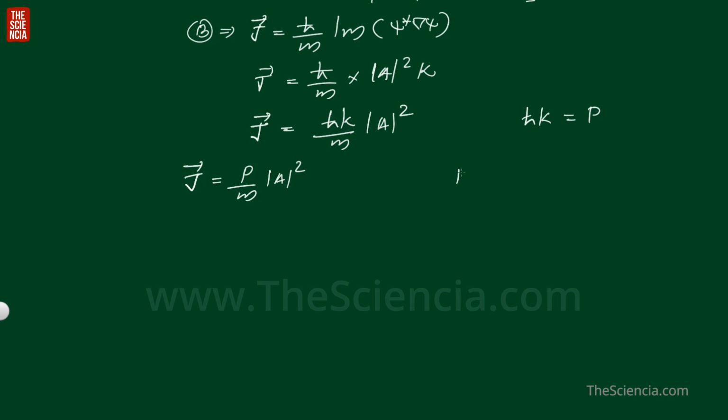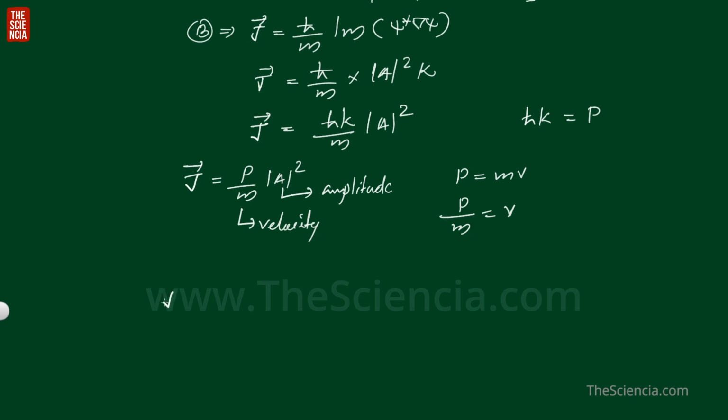Therefore, I can rewrite J is equal to p by m mod a square, where we know p is equal to mass into velocity. Therefore, p by m is equal to velocity. So this value is velocity and a is the amplitude of the wave function, the maximum amplitude of the wave function.